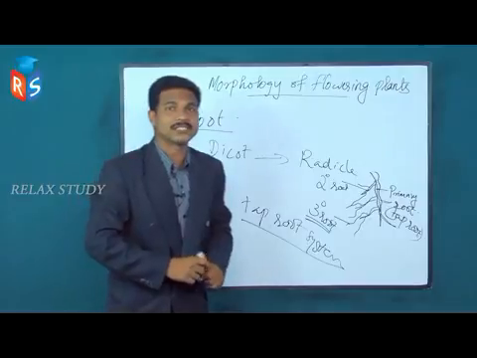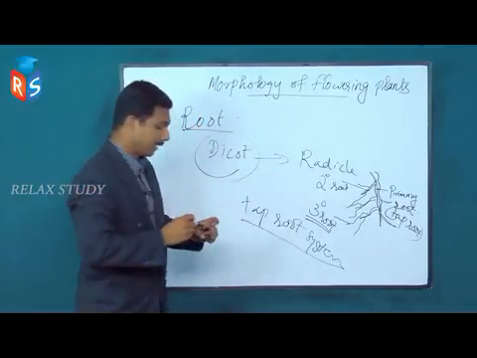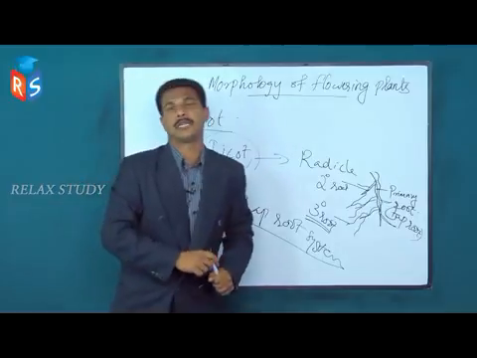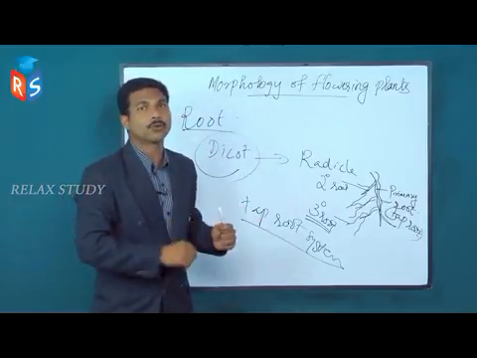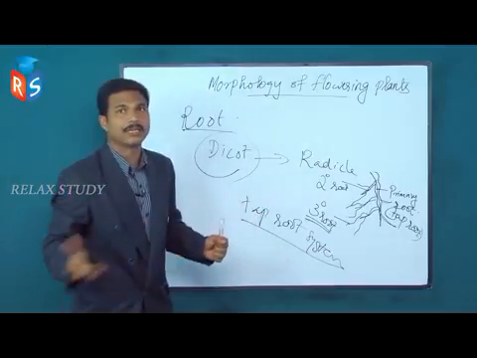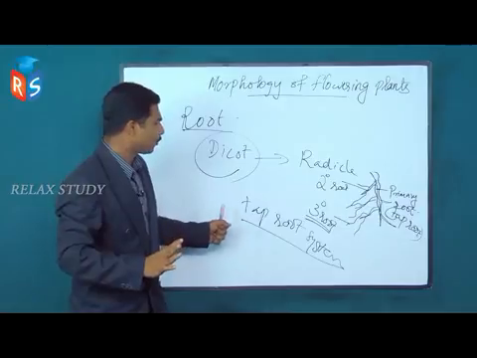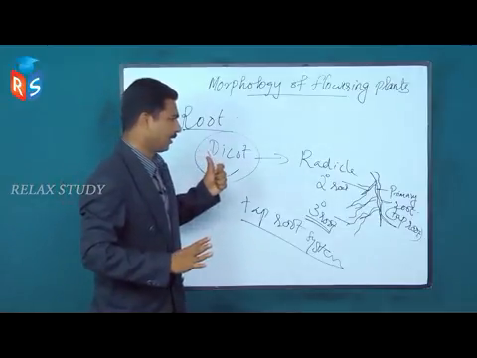The taproot system is a main character of dicot plants because it is absent in monocot plants. We will study the character of monocot roots, then you will understand the differences between the taproot system and the other monocot root system. So the taproot system is a character of dicot plants.